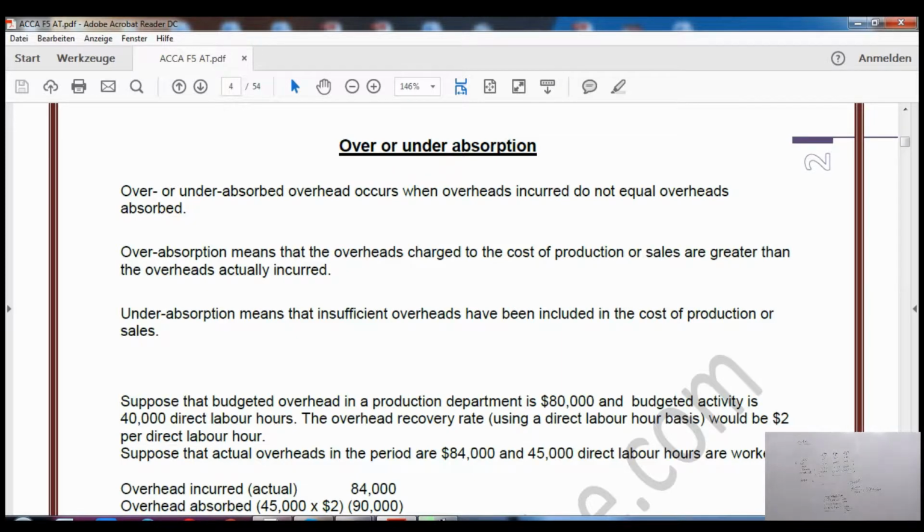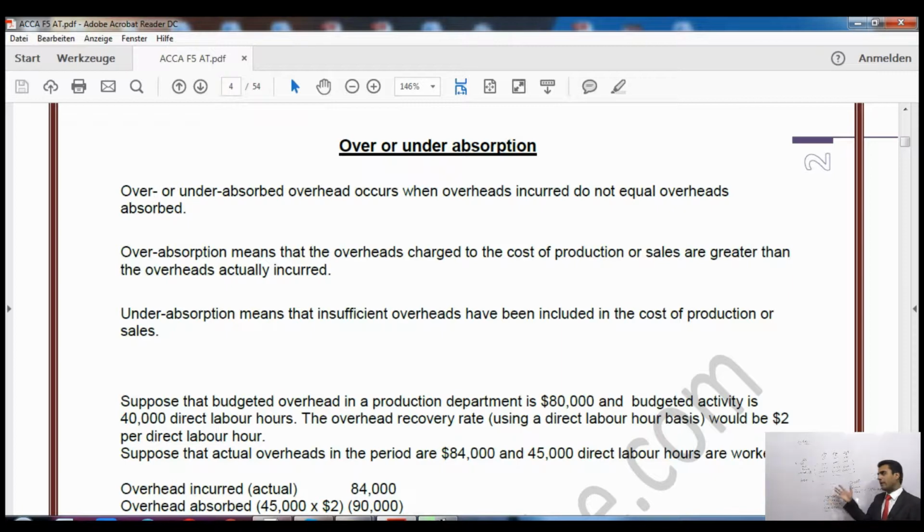Now because we make the budgets and we have made the financial statements, like the management accounts and financial statements, we have made that, but the actual results might be different. So over absorption means that the overheads charged to the cost of production or sales are greater than the overheads actually incurred. So we have over absorbed in the budget.